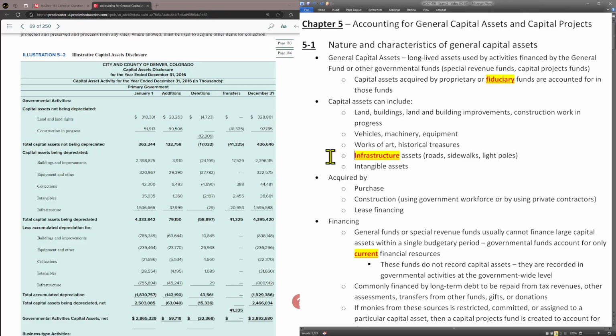How can they be acquired? Purchase, construction, or using your own government workforce. Just like me driving between Sturgis and Spearfish, I'm always passing that point where they've slowed down traffic because it looks like they're putting some reinforcement on the shoulder right before and after the bridge.